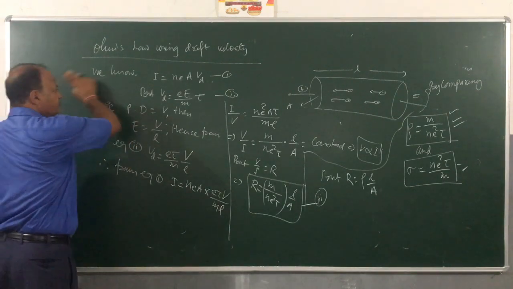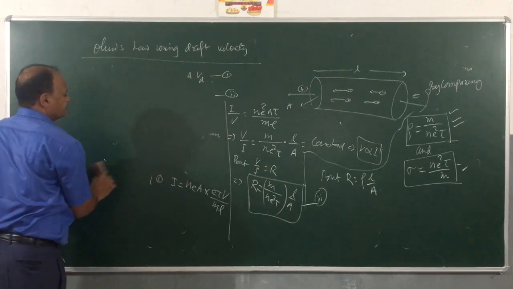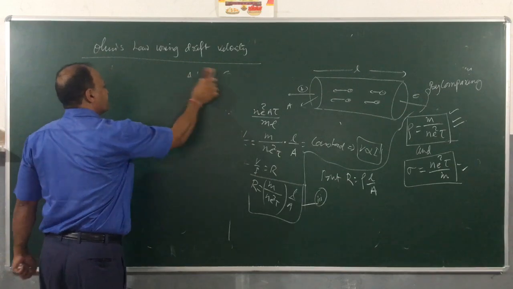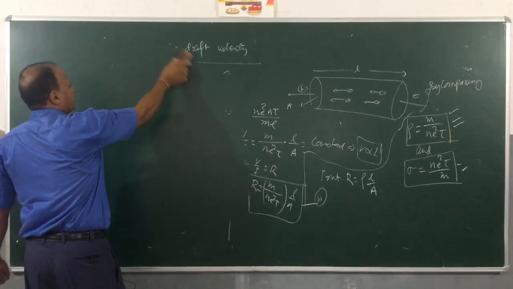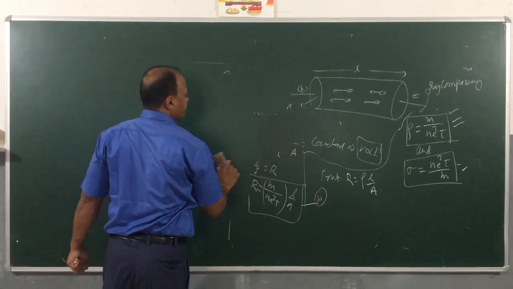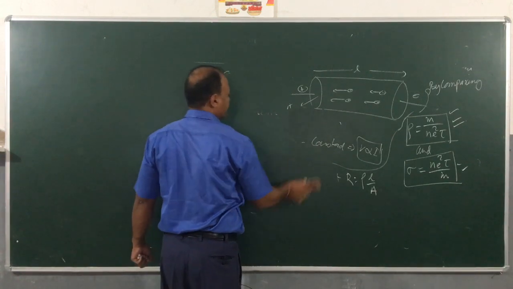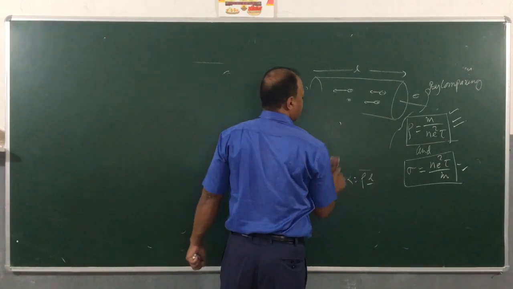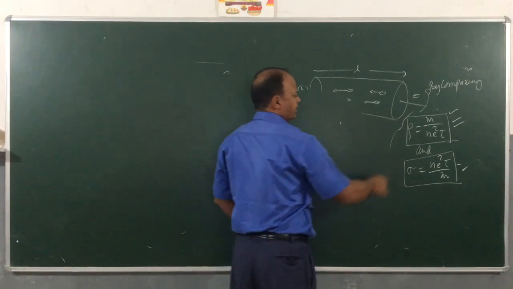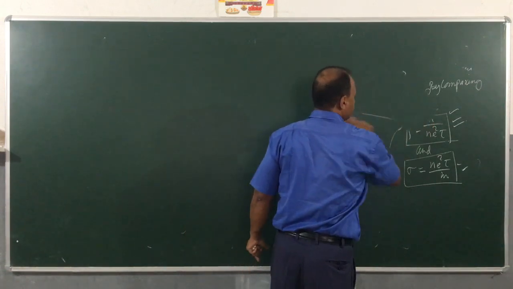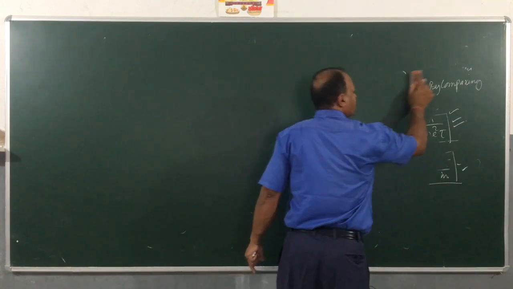From this discussion, children, it is clear that resistivity and conductivity do not depend upon the values of length and cross section area, but they depend upon temperature, because period of relaxation tau depends upon temperature. So, we have been able to establish this important context.